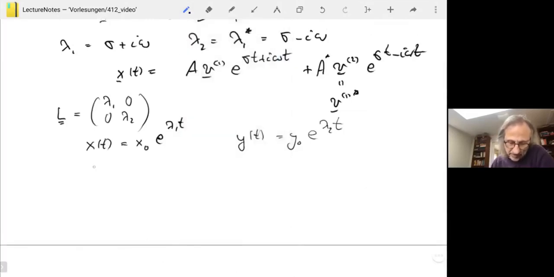So I have that e to the t is equal to x of t divided by x0 to the 1 over lambda 1 power. Let me assume actually lambda 1 and lambda 2 are real.